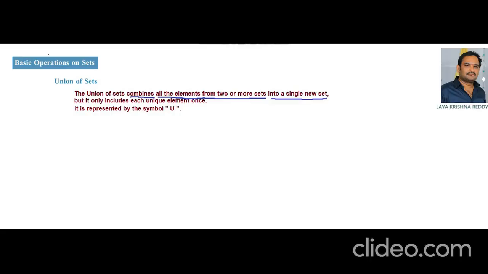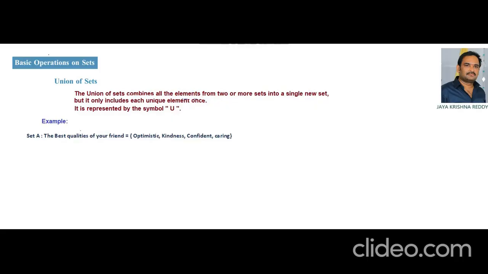It should be written in a new single set, but it only includes each unique element once. Means each element should be considered only once, and the union is represented by this symbol. Let us see some examples.